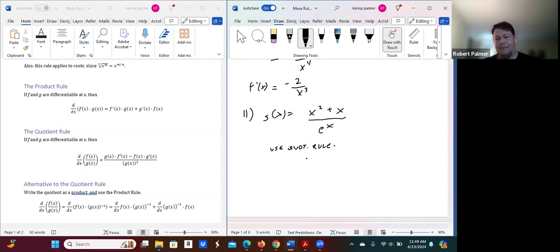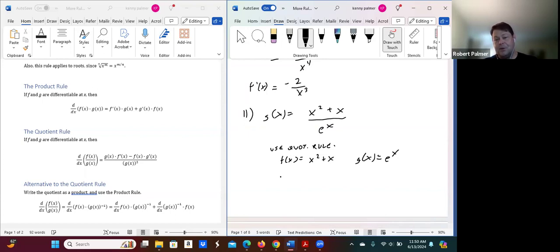And using the quotient rule, let's say our f of x, our top function, is x squared plus x. And then our g of x is our denominator, e to the x.